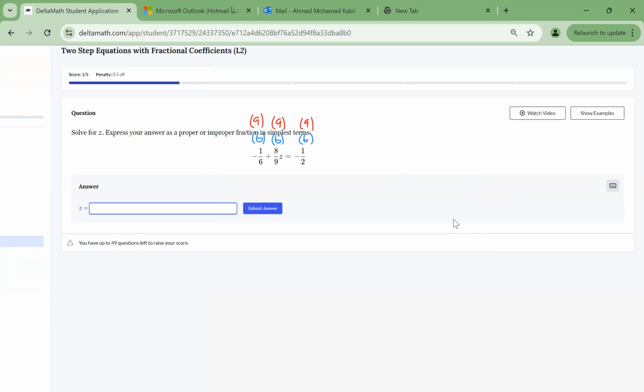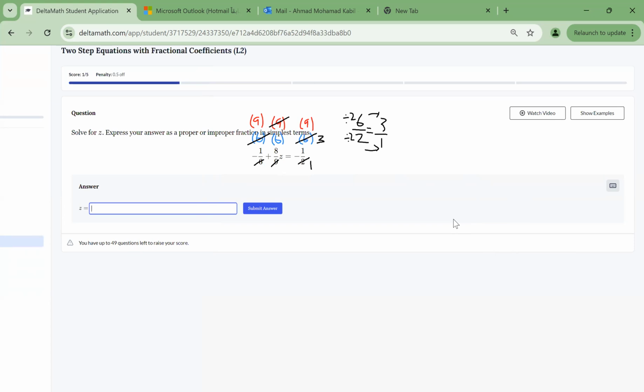So the 6 here cancels the 6, the 9 cancels the 9, and here I don't need to multiply by 2 because I already have 6, which cancels out the 2, but we can write here 3 and 1 because we're simplifying 6 over 2, and this is the same as 3 over 1. If we divide both sides by 2 up and down, we get 3 here and we get 1 here. So that's what I did right there.